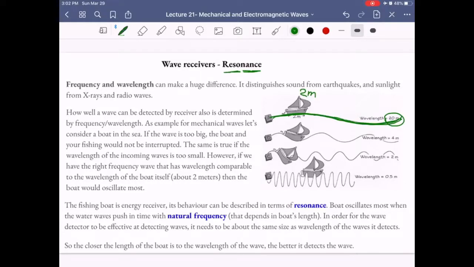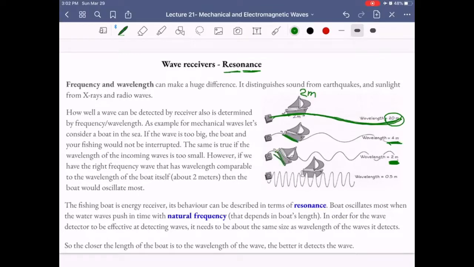And you probably would agree with me that this boat wouldn't feel a difference. So I would just carry on fishing without even noticing this wave much. But if the wave that's coming in happens to have a wavelength that's closer to the length of the boat, like 4 meters, and even worse, 2 meters, then I would notice this more, because the boat would start oscillating more.